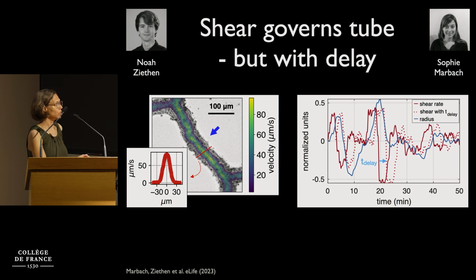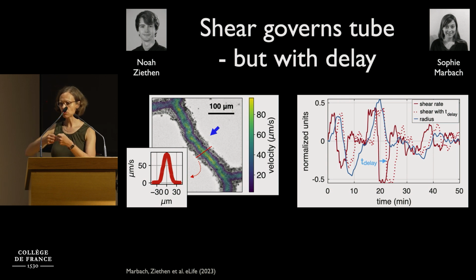And so you here see that indeed the tube diameters are growing and shrinking on these timescales of a couple of minutes. Now, if we map out the shear rate from measuring the fluid flows, we see that there's a clear correlation. So the shear rate in red goes up, and a little later, the radius goes up. The shear rate goes down, a little later, the radius goes down, and so on. So what we learn here is that the shear rate is driving the tube diameter dynamics, although there's a little bit of a time delay in it.